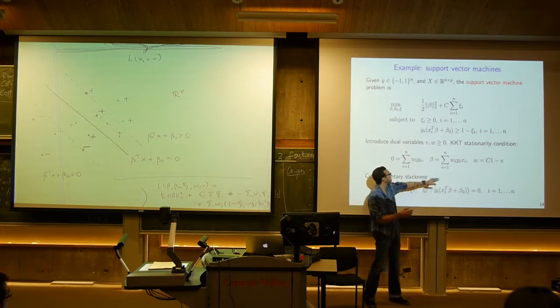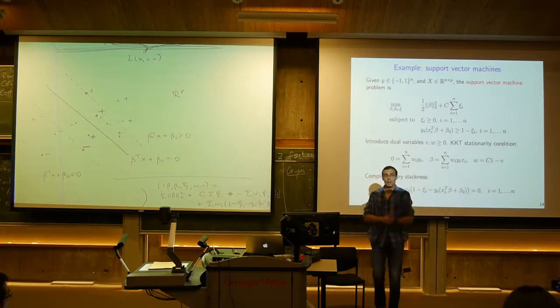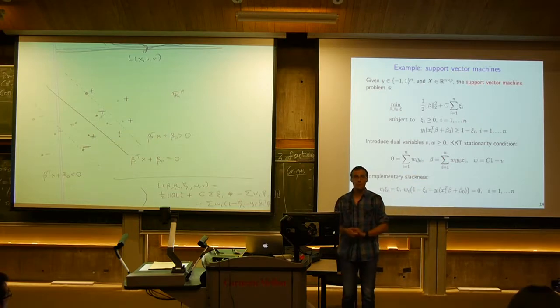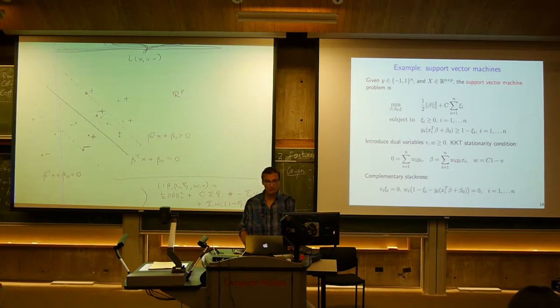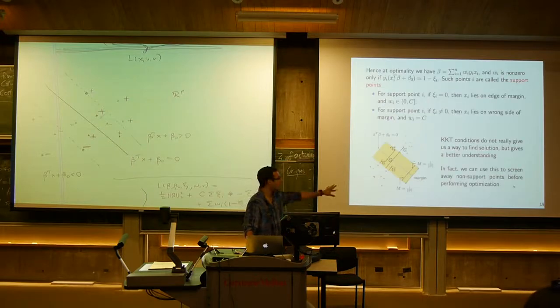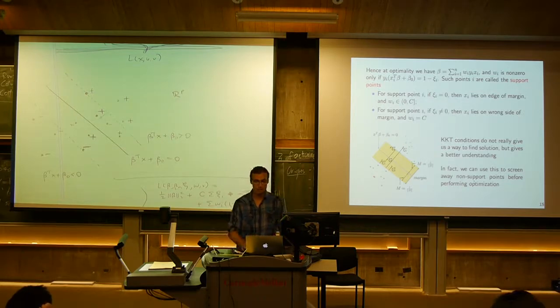It's just adding extra dimensionality to your problem, and they don't affect the solution at all. So if you could say ahead of time that a bunch of points were going to be non-support points, you don't have to even include them in your SVM optimization. That is incredibly helpful in terms of computation. So there's some nice work on what are called screening rules, which get rid of points a priori, before you even solve the problem, that you can prove are not going to be support points. And they use arguments very similar to this, just based on the KKT conditions.